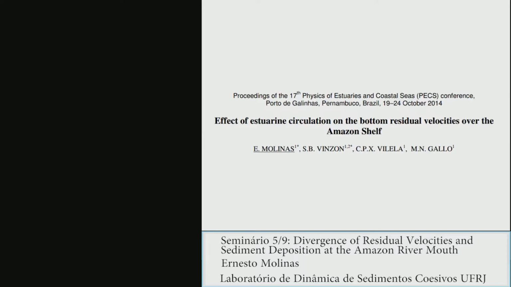Here we have bottom residual velocities for the Amazon. First, we compare the wet period and dry period, high discharges below and low discharges above. What we see is that between dry and wet season, there is some intensification in the seaward residuals, although it's not that high when compared to the difference between neap and spring tides.